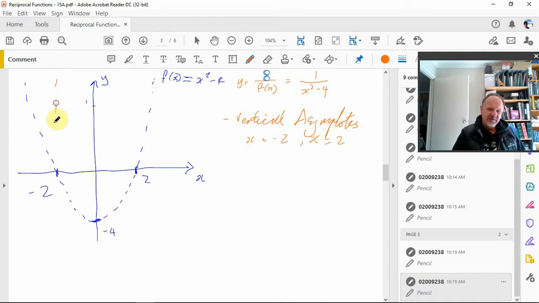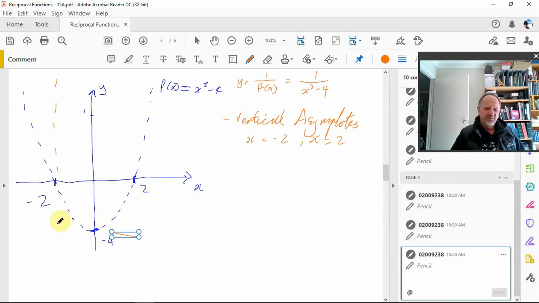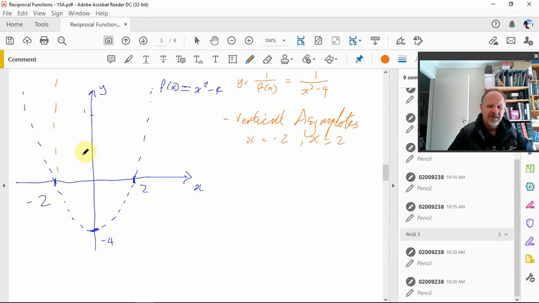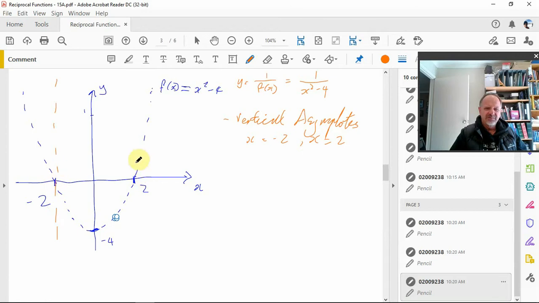So here we go. Here are my asymptotes. All right, so that one's x equals 2. This one's x equals minus 2.